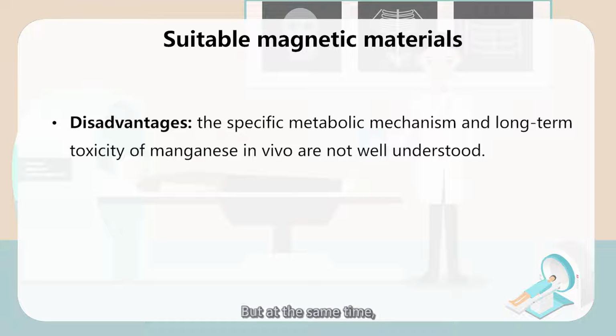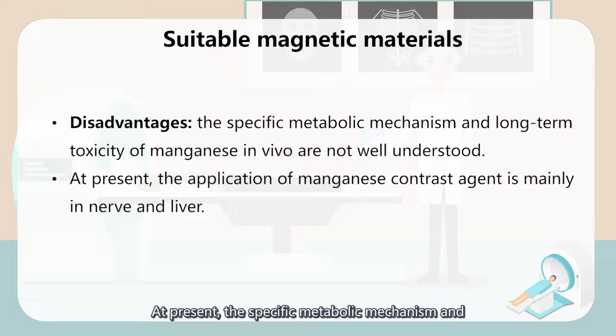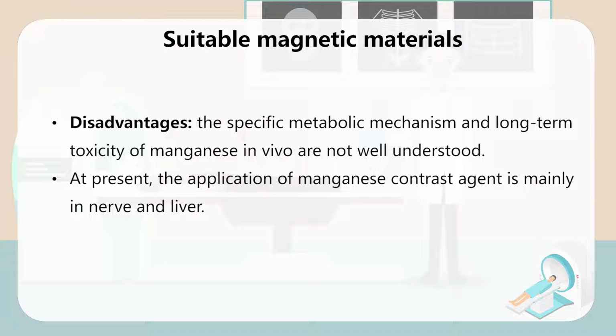But at the same time, nerve and liver toxicity is also one of the disadvantages of manganese as a nanomaterial. At present, the specific metabolic mechanisms and long-term toxicities of this element still need to be further studied.